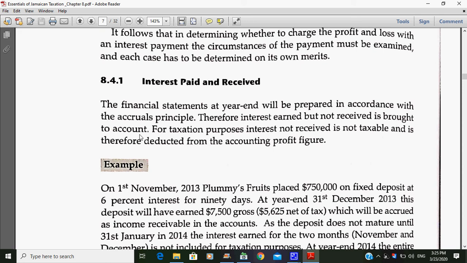For taxation purposes, interest not received is not taxable and is therefore deducted from the accounting profit figure. Alright?